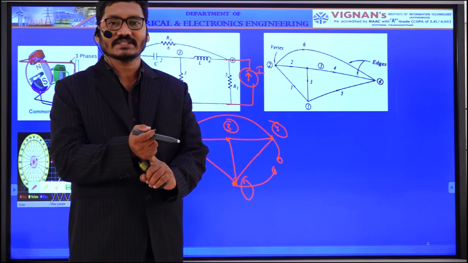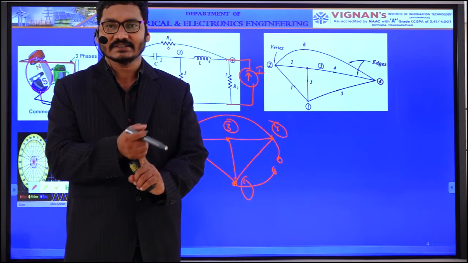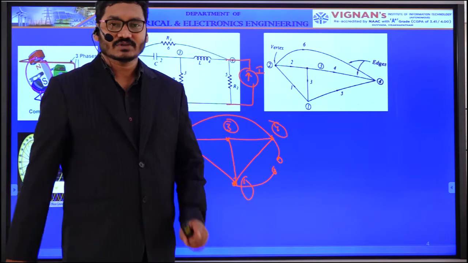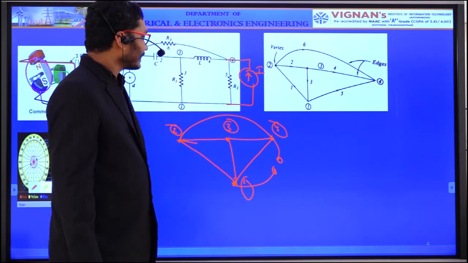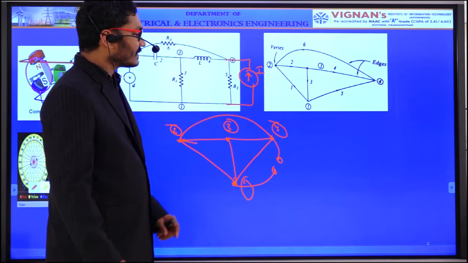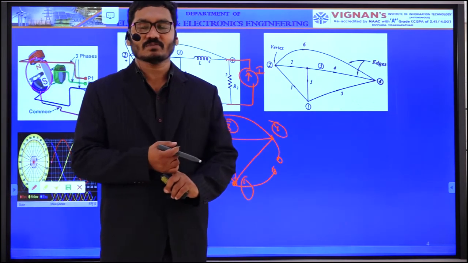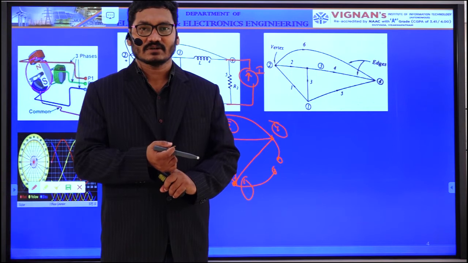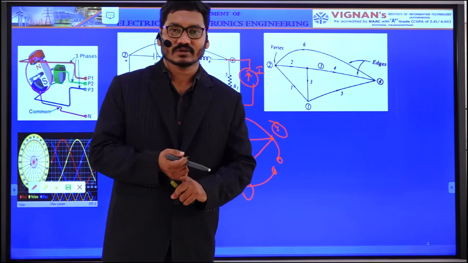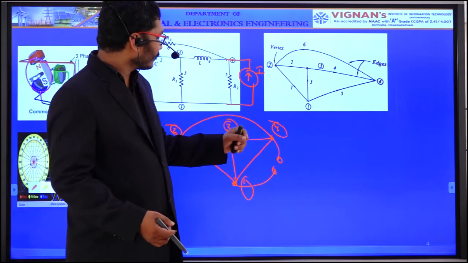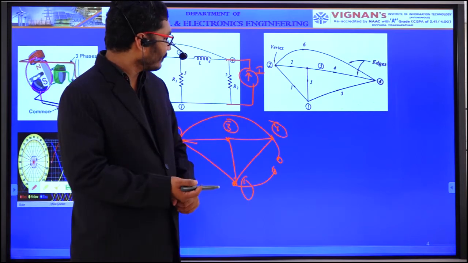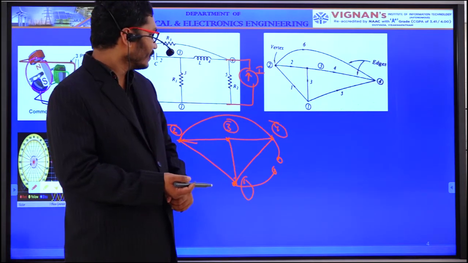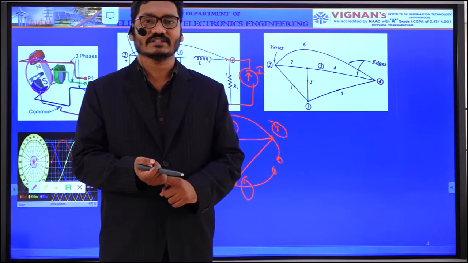Based on that network, if you analyze in geometric form, we can do the electrical analysis. Suppose some electrical problems have more complexity. Then we go to the mathematical, geometric form, and it is very easy to solve those equations.